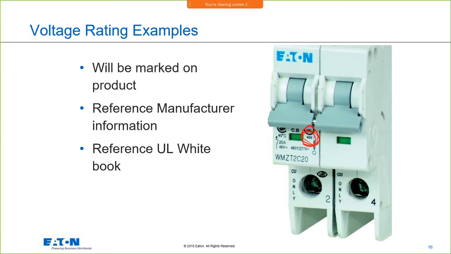You see that number? 489. It's hard to read probably on your screen. 489. You know what that means? UL 489 listed. So although it looks like a supplemental protective device, it is in fact a listed UL 489 device. So you're looking for the listing marks, and that's 480/277.